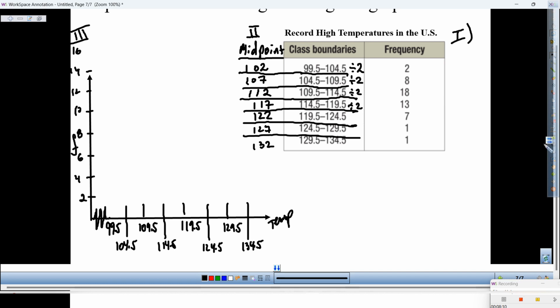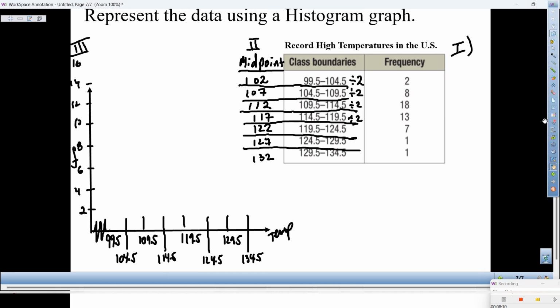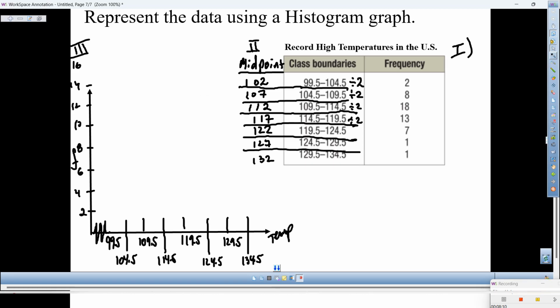I'm going to have to move my notes up. Hold on. And I love technology. 18.